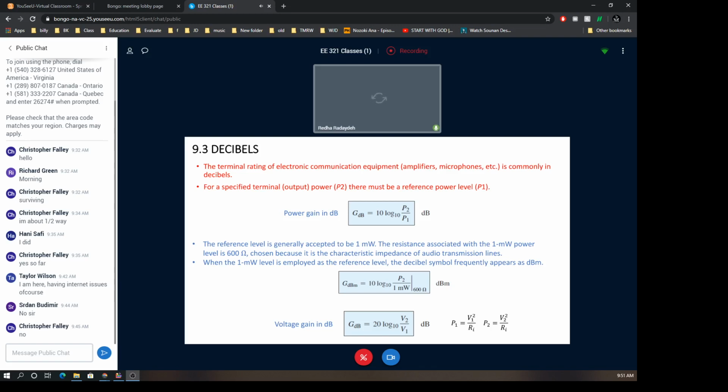Or we can express this gain in dB scale to be 20 log base 10 of 10 to the power 3. That would give us 60 dB. There is no unit here after dB because this is again a ratio of voltage by voltage. Okay.